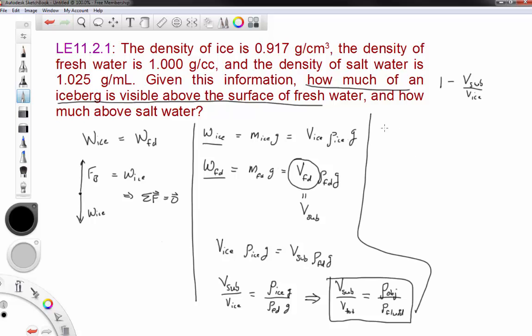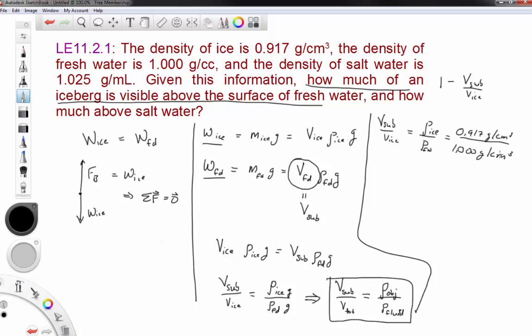Okay, so this is telling us that for fresh water, we should have V submerged over V ice is equal to rho of ice over rho of fresh water. And so that's 0.917 grams per centimeter cubed divided by 1.00 grams per cubic centimeter.